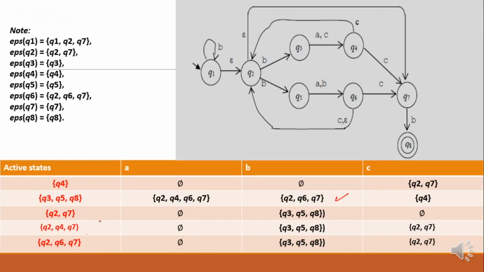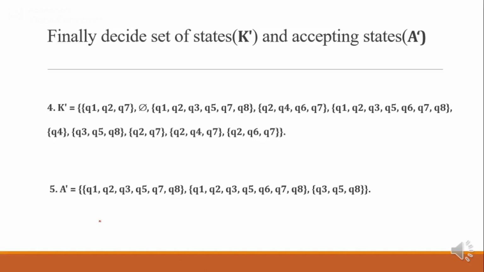in the active states. Next, once it's done, write K dash and put all the active states present in the active states column under K dash, and among this you decide F dash. How to decide F dash? From the NDFSM it is clear that Q8 is the accepting state.